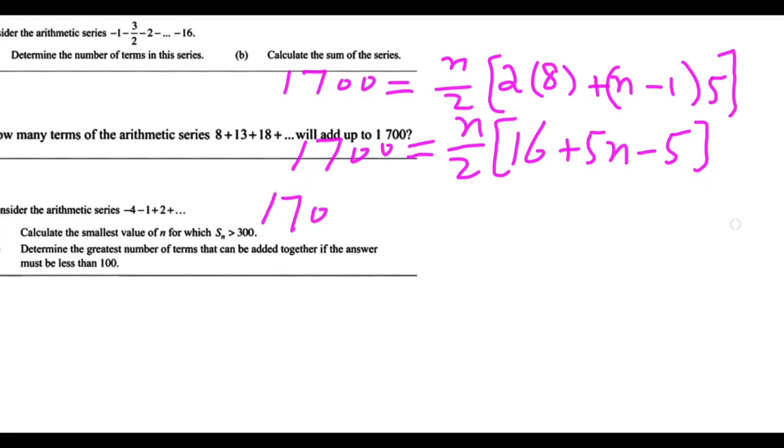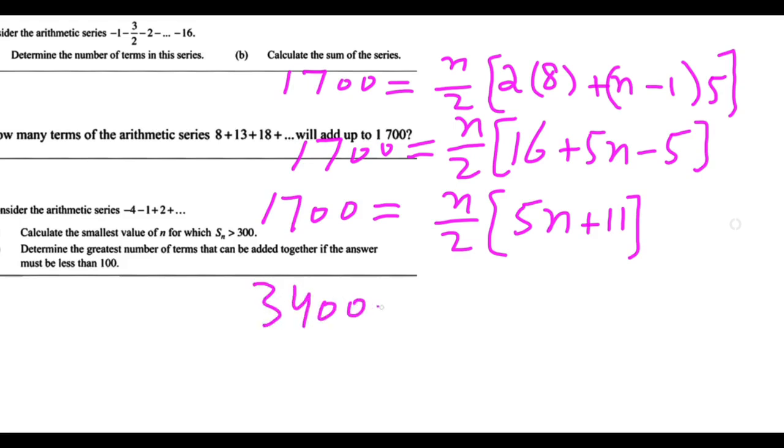Now further simplify: 1700 equals n over 2 times the bracket. Now I'm going to get rid of the fraction, so this becomes 3400 after multiplying by 2. The 2 and 2 cancel, only n is left, and 5n plus 11.